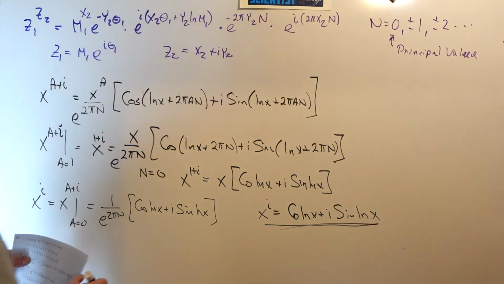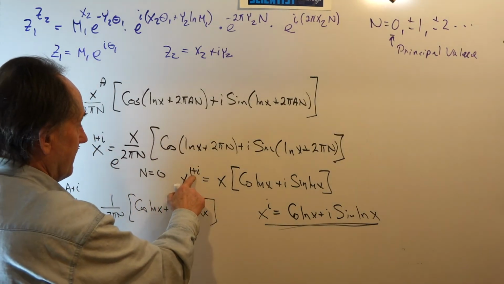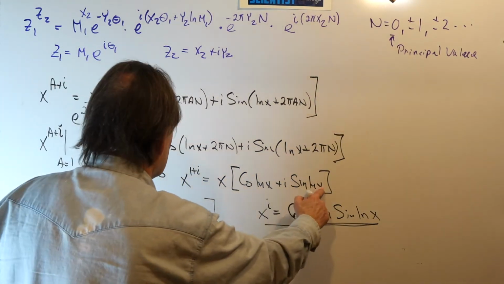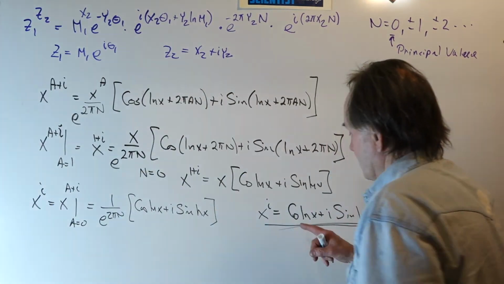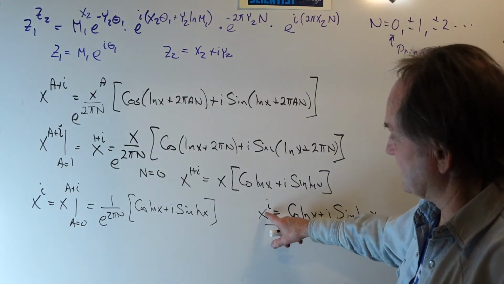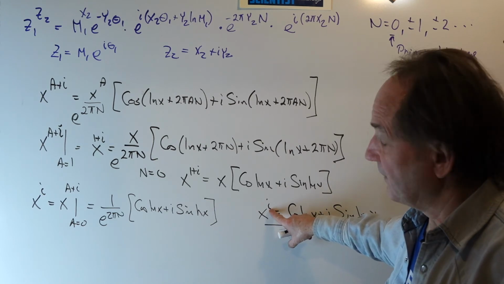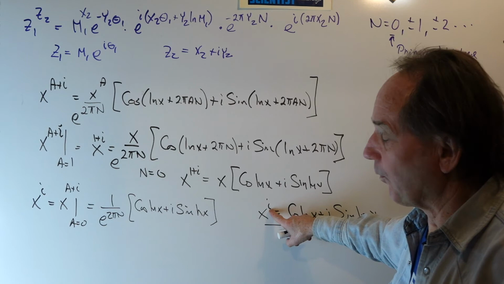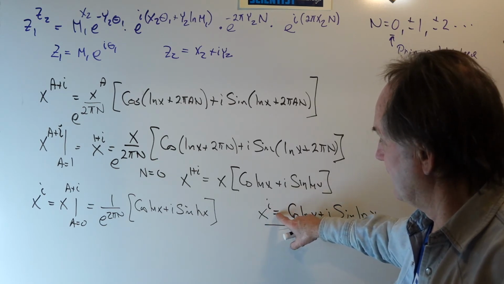And the principal value we have of x to the 1 plus I is this. Well, we can see that these are related in that if we integrate x to the I, we raise the exponent by 1 and divide by the exponent.